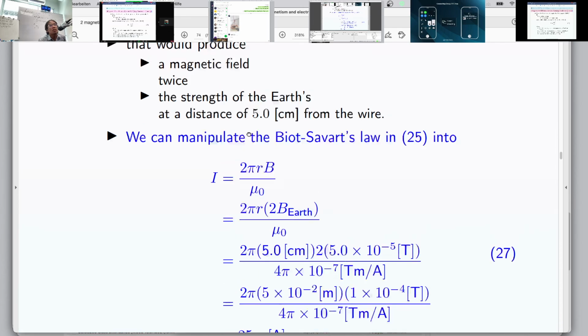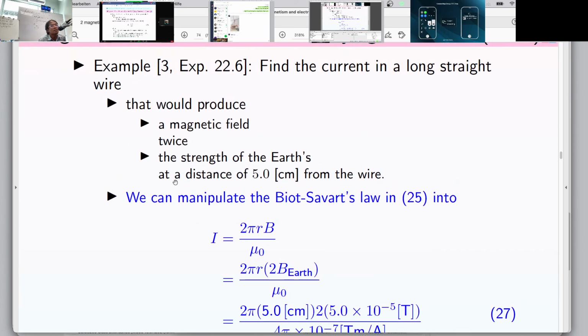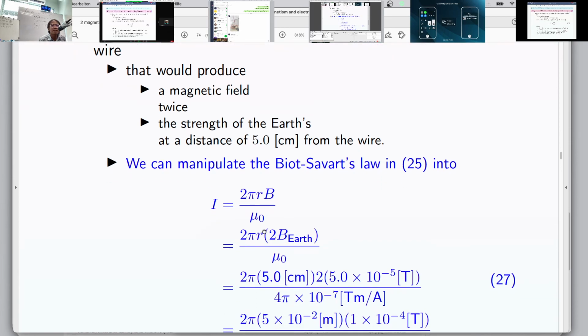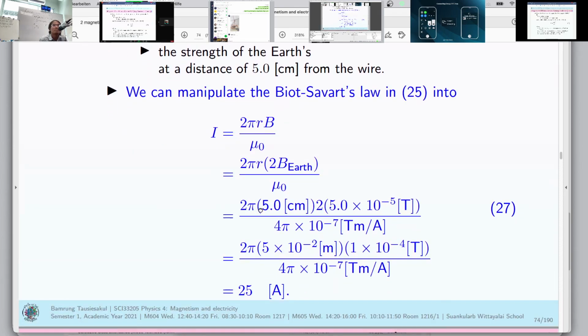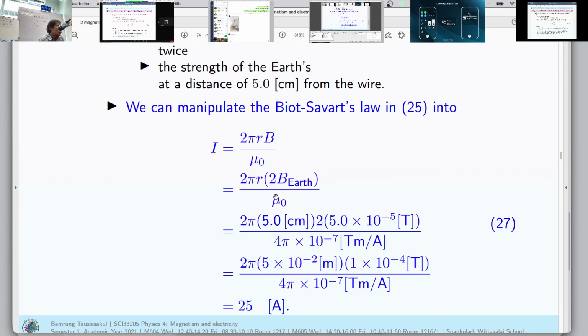And what they have provided is the value at a distance of 5.0 centimeter. No problem. We leave 5 centimeter as the value of r, at this position where the variable is located in the numerator. So 2 pi is only plain values. Mu 0 is what you need to remember.